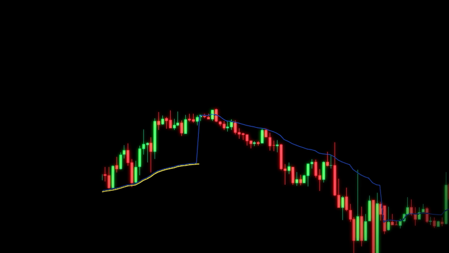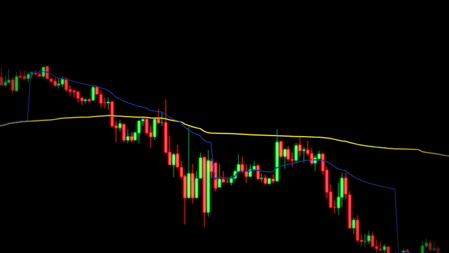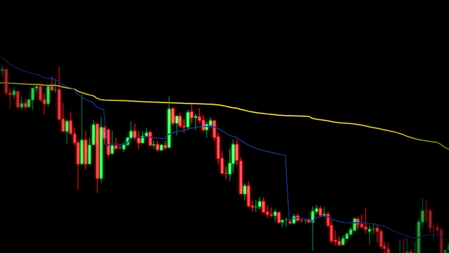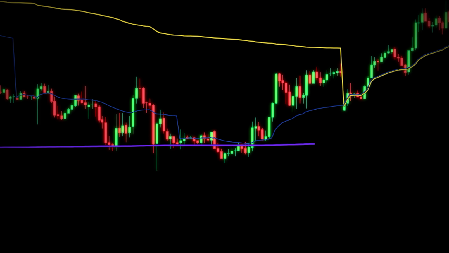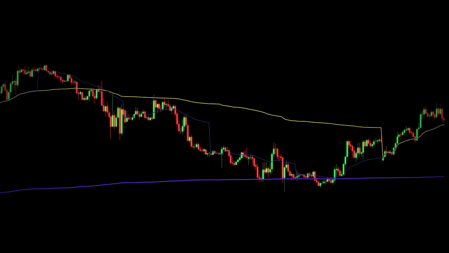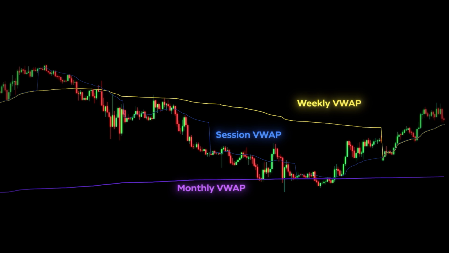My favorite setup is to overlay multiple VWAP timeframes by adding another VWAP indicator and adjusting anchor periods. This can look like the monthly VWAP, the weekly VWAP, and the session VWAP all on the same chart.